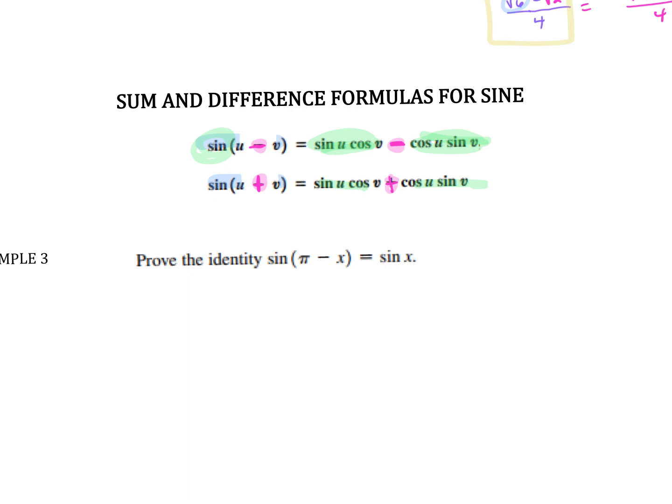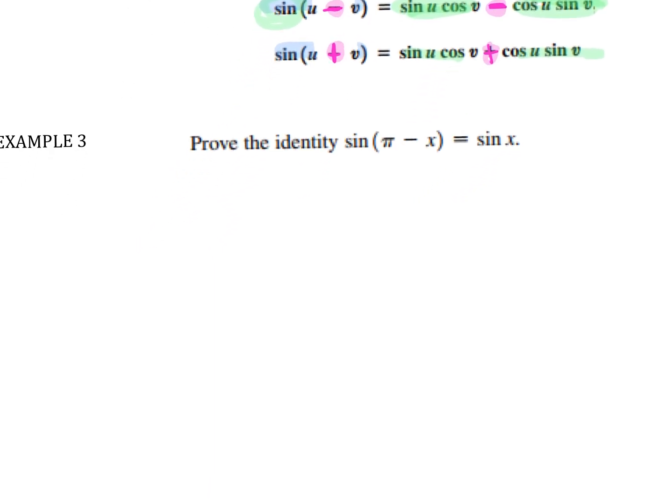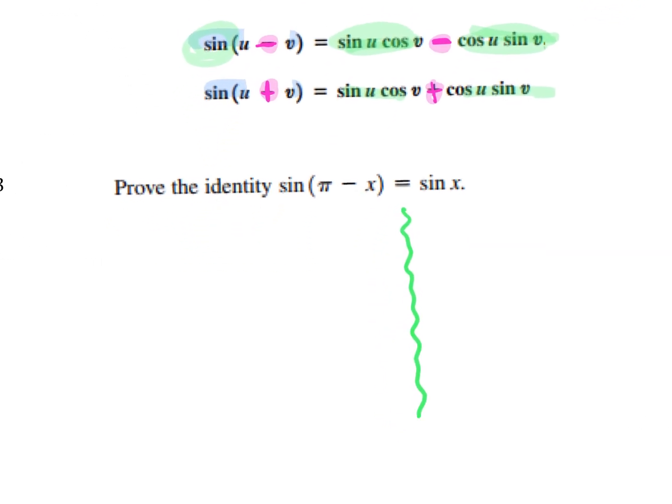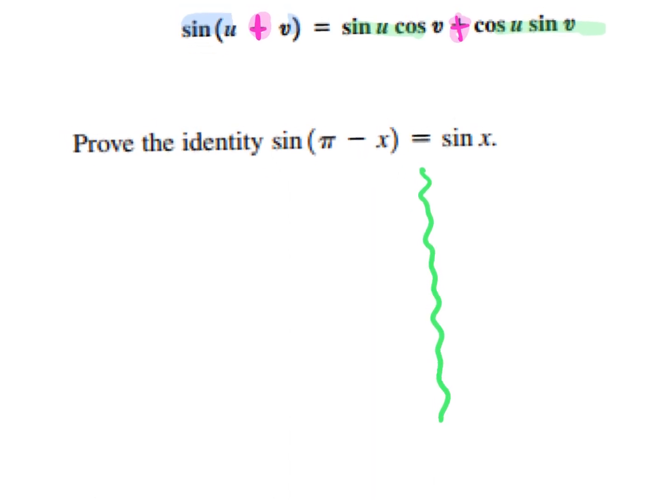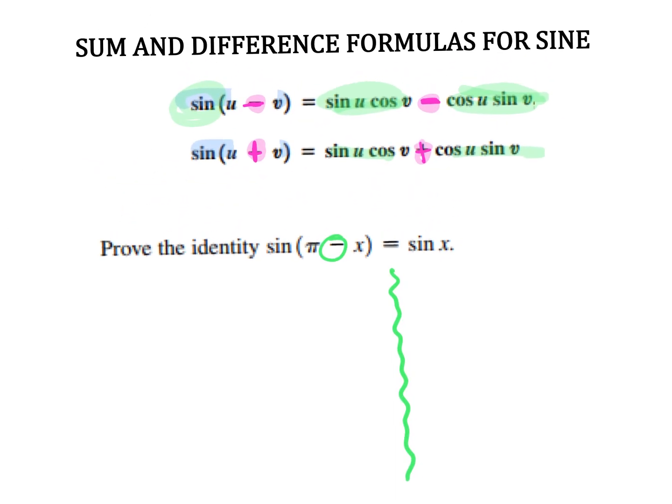Prove this identity. If you notice, we definitely want to work on the left-hand side. It's more complicated, so we're not going to do anything on the right-hand side. Are all the ones proving the identity? No, though they might also be like that. Good, I do have an example of that type. So this is saying sine, and we have subtraction, so we want to make sure we are using the right form of the identity, the top one.